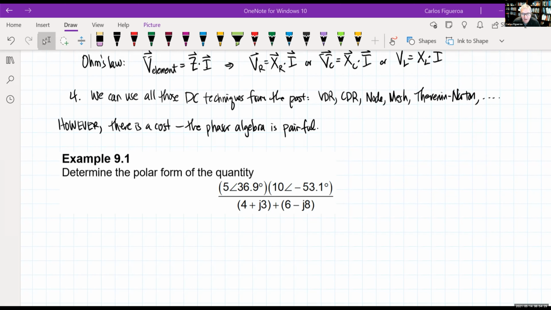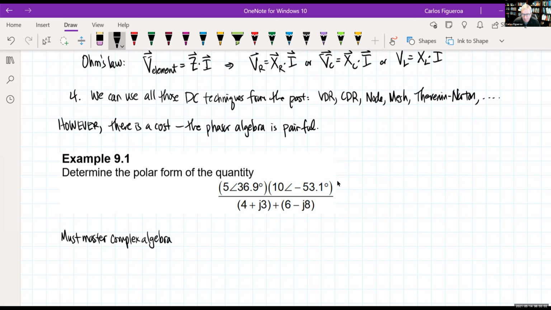By the way, this may be just one term in a long calculation. What you're finding is that you must master complex algebra, meaning algebra on the complex plane.